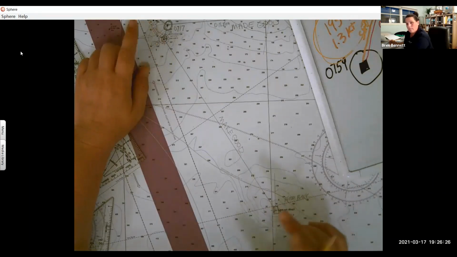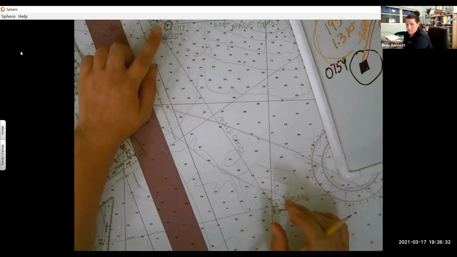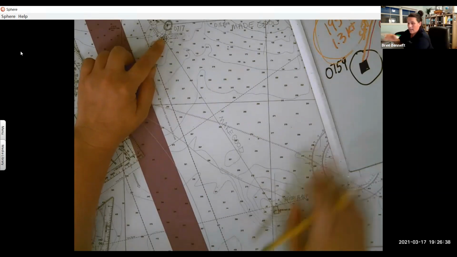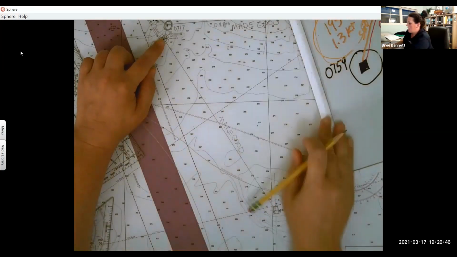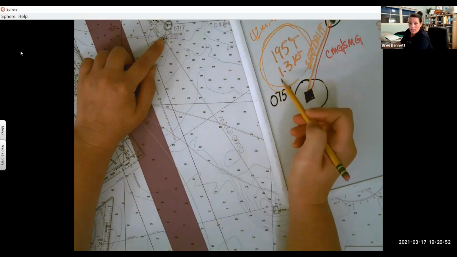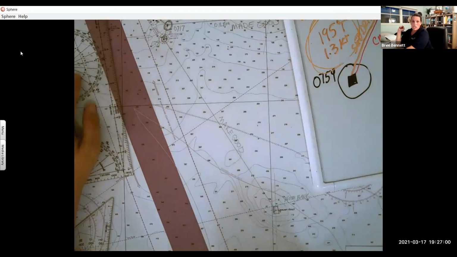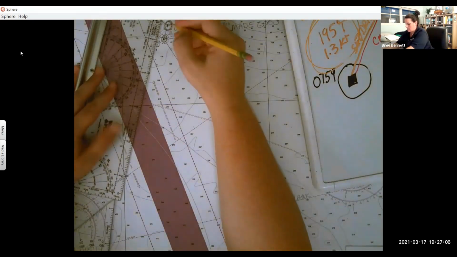Then I want to put in the other piece of information that I know, and it's going to start from the same point, which is my set and drift. In this case, I'm going to use that hour to make things a little bit easier for me. So I have a set and drift of 195 at 1.3 knots. I'm using Eureka as my starting point, and I'm going to plot a line, which is kind of just extending my old one.